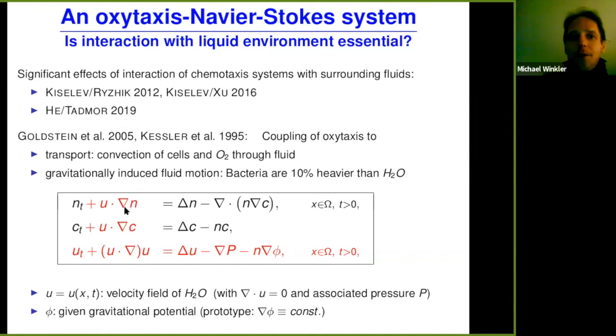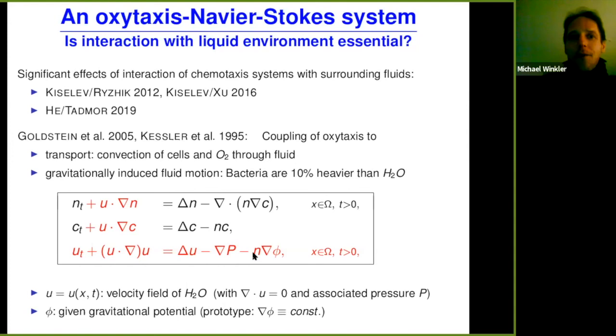Goldstein suggests to couple a Keller-Segel consumption system to a fluid with given velocity u, so this is a new player here, via transport in the first and second equations. This is the same as in these papers by Kiselev and so on. But then Goldstein says that the fluid itself is influenced by cells.